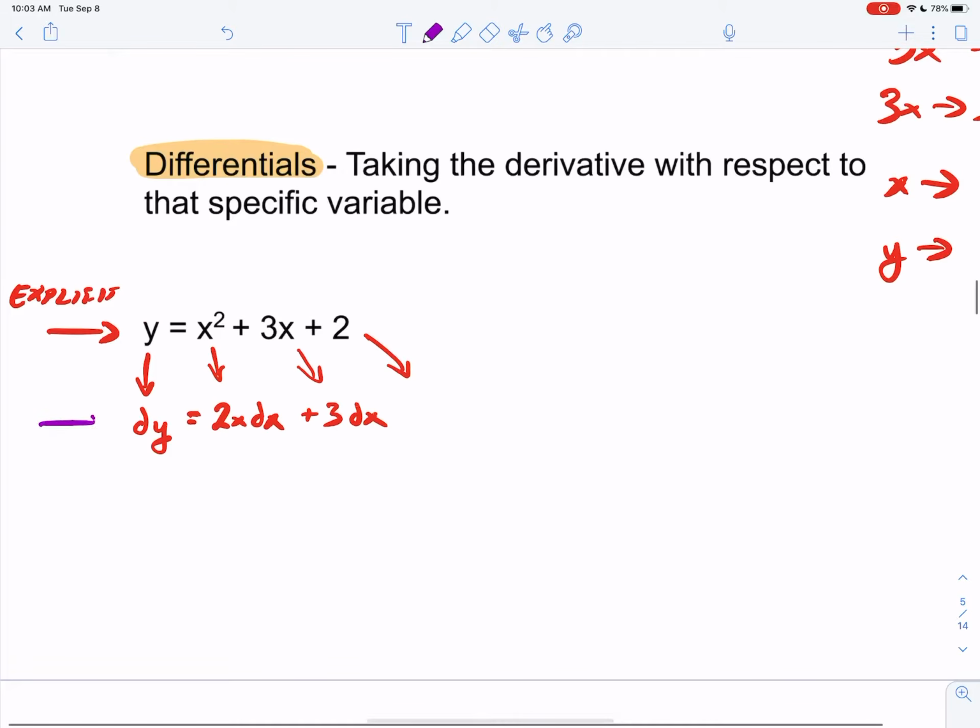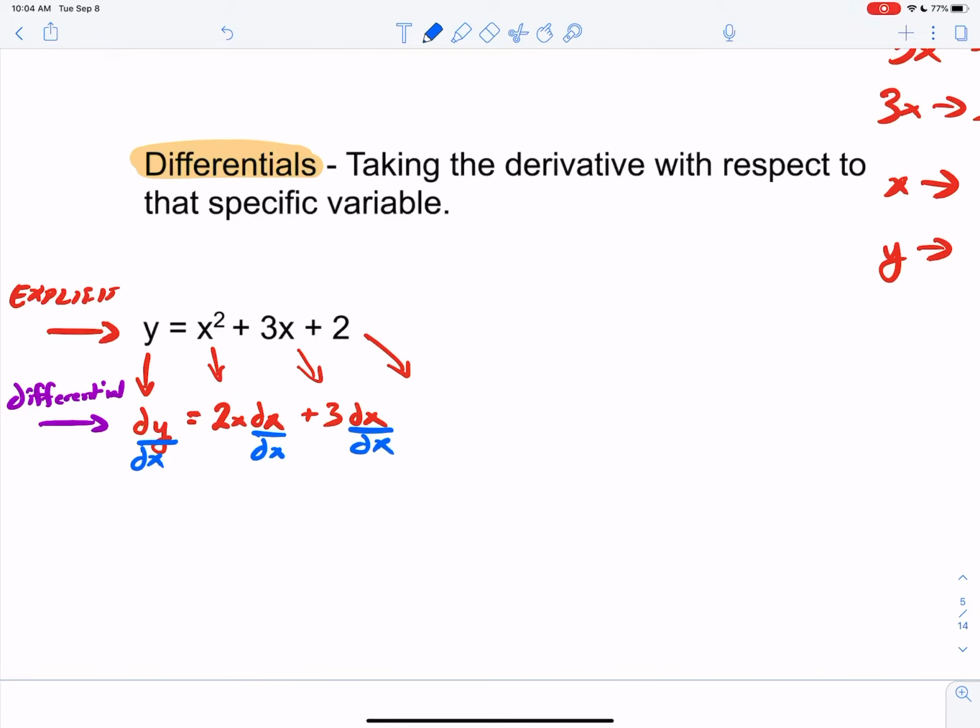This is what we call taking the differential. It's just the derivative with respect to the variables. Okay? The next step, which I'll write in blue, is we're going to divide every differential by a dx. All right? The reason why we do that is because dy dx is your y prime. Okay?